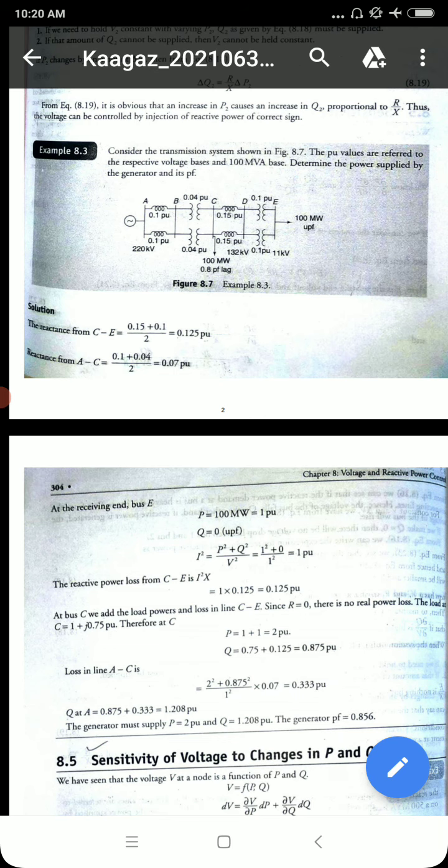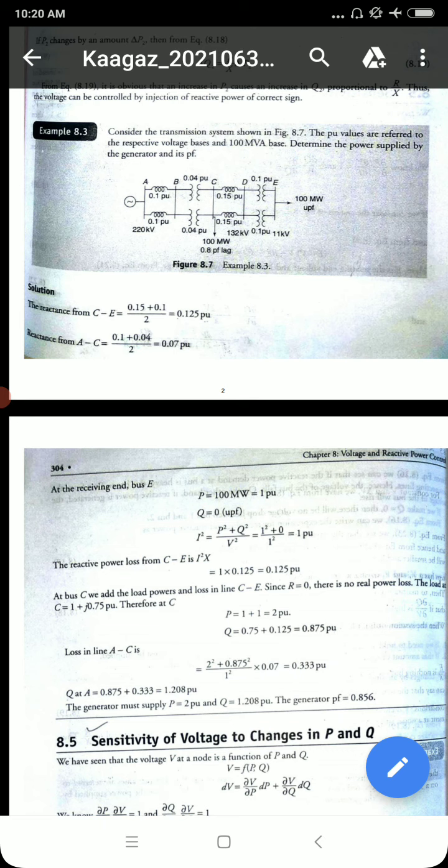Loss in AC is given by the same equation, P square plus Q square divided by V square, multiplied by 0.07. We will get 0.333 per unit. Q at A, that is reactive power at A, is nothing but 0.875 plus 0.333, that is with losses included. Then it is 1.208 per unit.